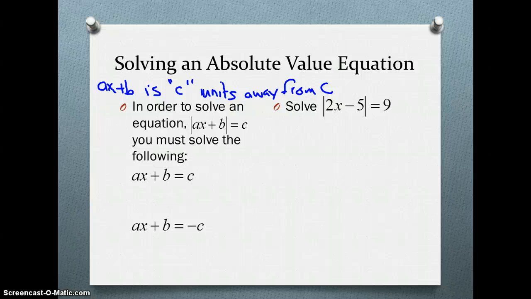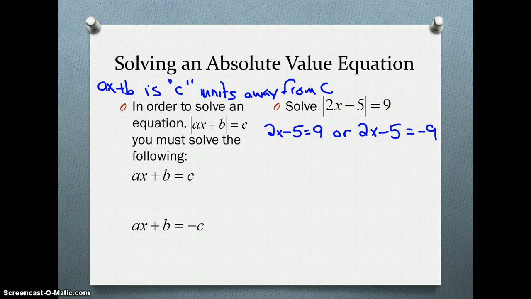So when we go to solve this, we write it as two equations. For example, 2x minus 5 equals 9. We're going to solve 2x minus 5 equals 9, or 2x minus 5 equals -9.